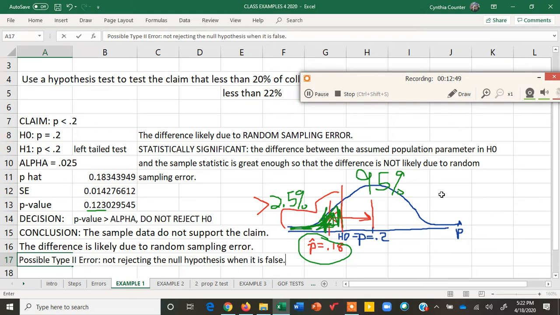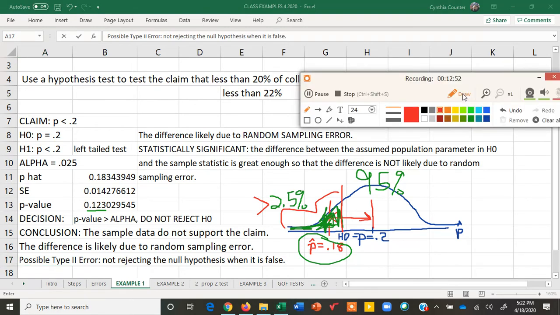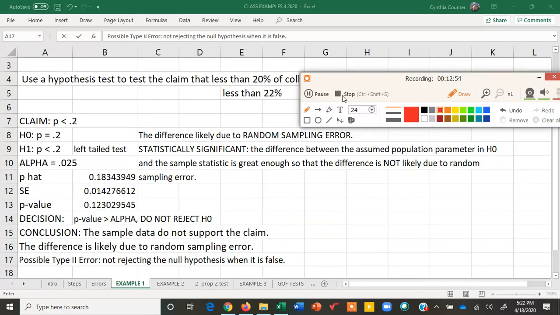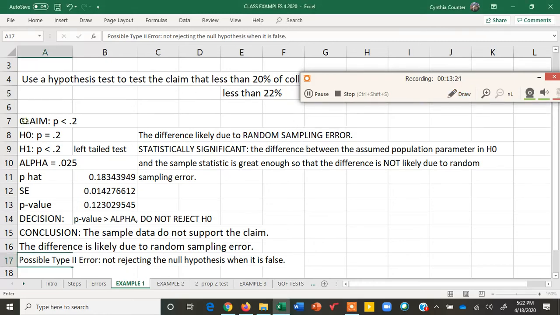Now let's look at an example that is statistically significant. We saw that this difference of a little less than 0.2 was not statistically significant. So what if we made the difference between our p hat and our assumed value in the null hypothesis a little bit larger? So let's now conduct this test with the claim that the population proportion is less than 0.22.